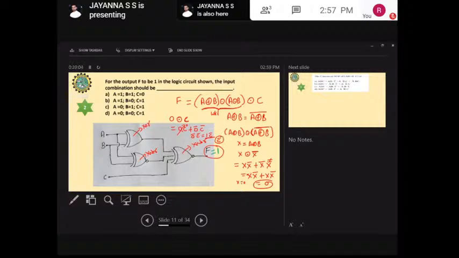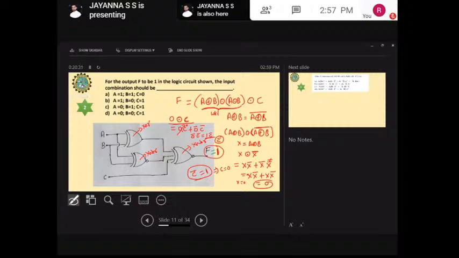Next, you know that the output of this XNOR, this F, should be equal to 1. In order for F to be 1, you need to select this C bar. If C bar is equal to 1, obviously this C is equal to 0.